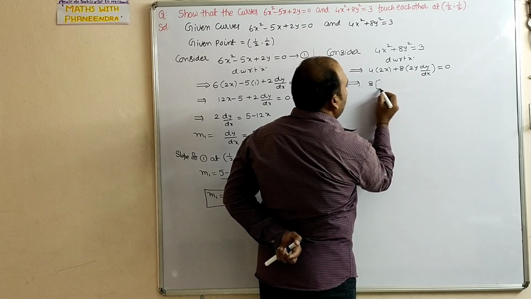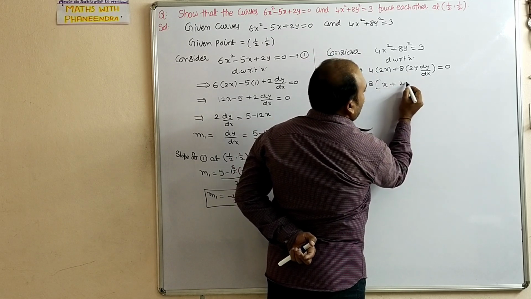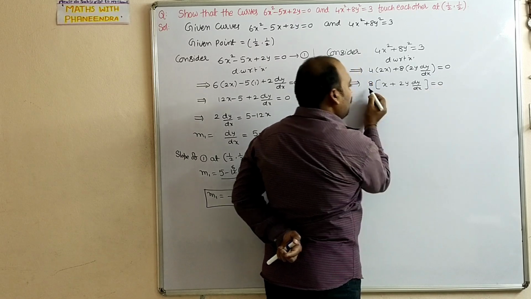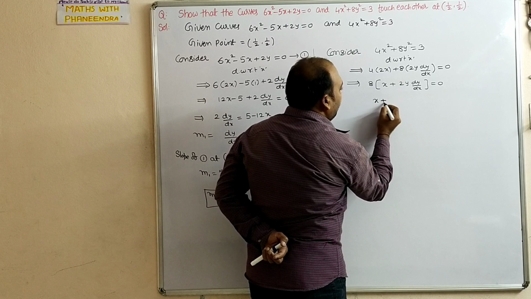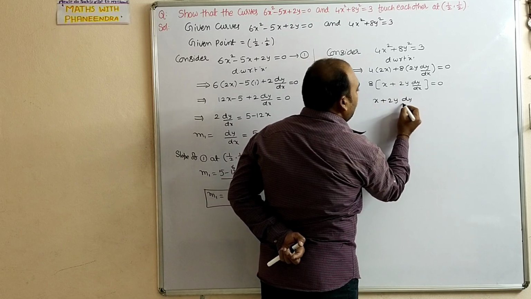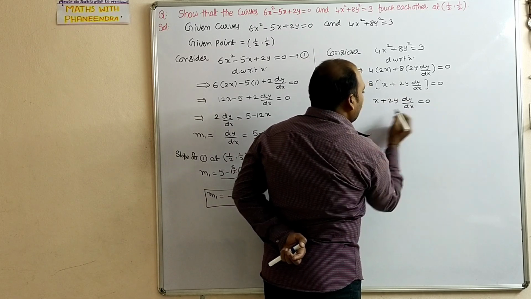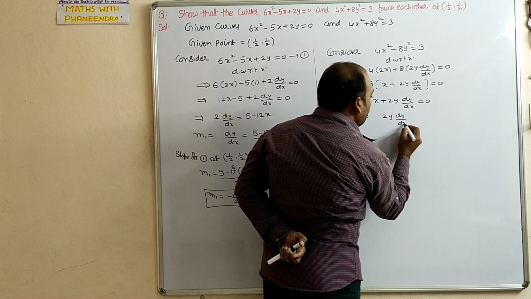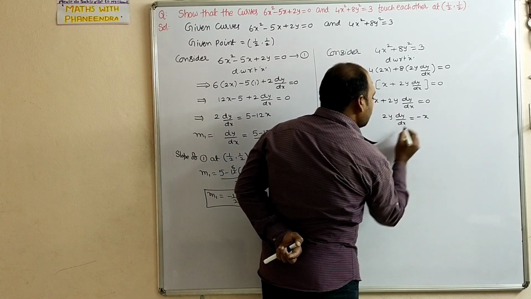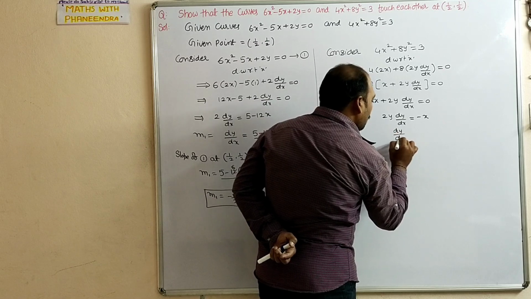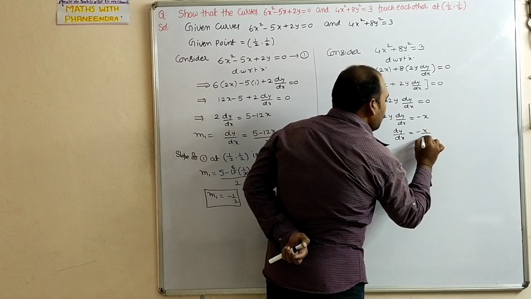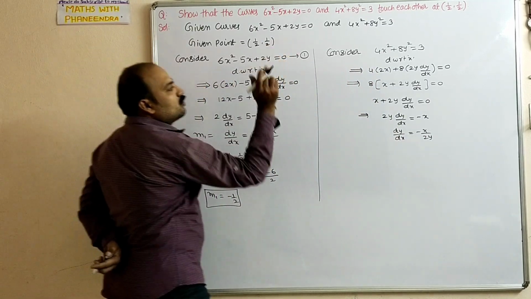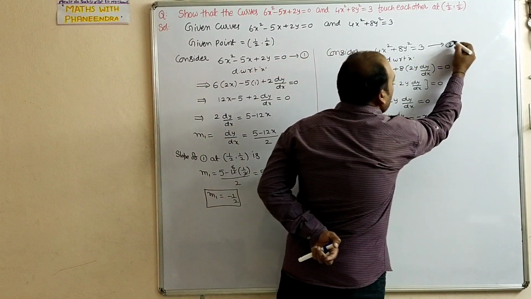So take 8 common: x plus 2y into dy by dx is equal to 0. Even the 8 also we can take out. x plus 2y into dy by dx equal to 0. That implies 2y dy by dx is equal to minus x, dy by dx equal to minus x by 2y. This is which curve's slope? Second curve slope. You can keep this as equation number 2.